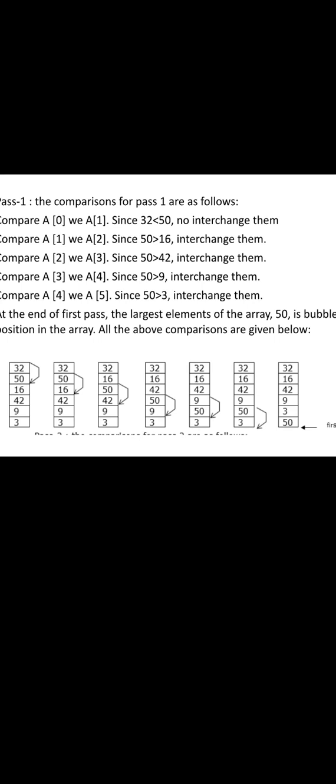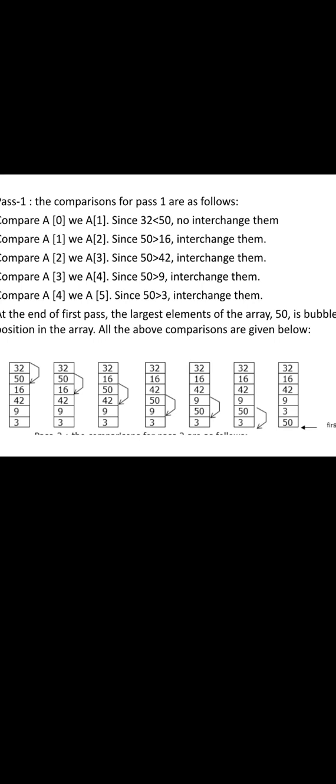So after swapping, we can observe first element is 32, second element is 16, third element is 42 and the fourth element is 50. Now comparison will start from 50 and 9, next position. Again 50 is larger than the element 9, so we need to swap them again. After swapping, we can see 32, 16, 42, 9 and 50. After that, we have to compare the last two elements, that is 50 and 3.